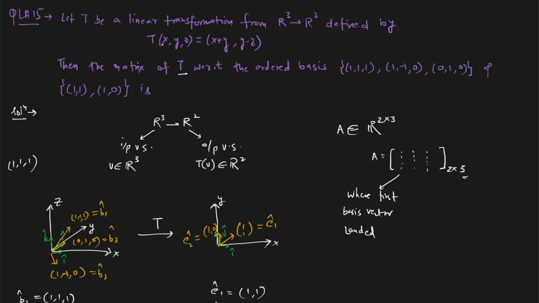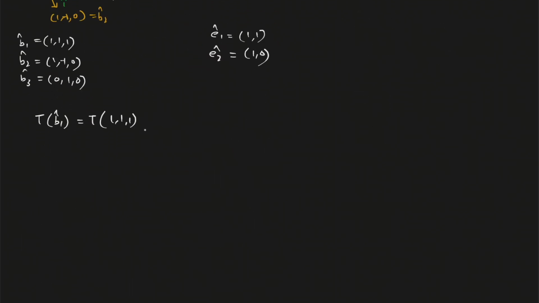We are already given this transformation: T of x y z is x plus y and y minus z. So using this formula, we will transform B1 hat, B2 hat, and B3 hat. So for B1 hat, x plus y and y minus z, I will get 2 comma 0.